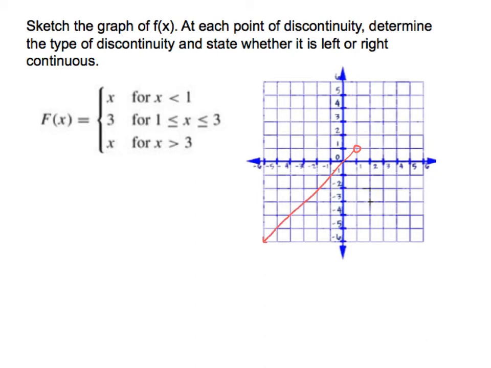Okay. We go to the next section. The function is equal to 3, which is a constant, which looks like a horizontal line on the graph, and that is from 1 until 3, filled in circles, because we have the equal to symbols. And then at 3 again, we begin this line of x. It's already filled in.